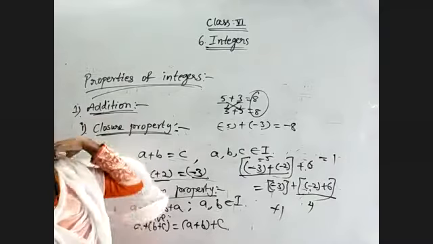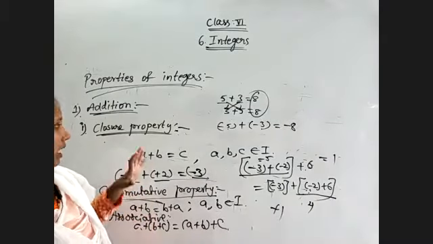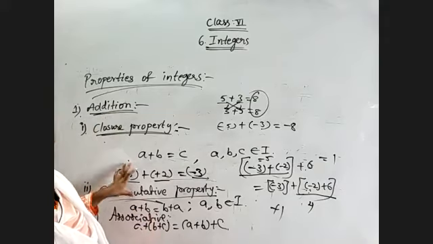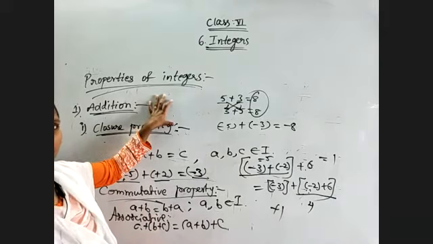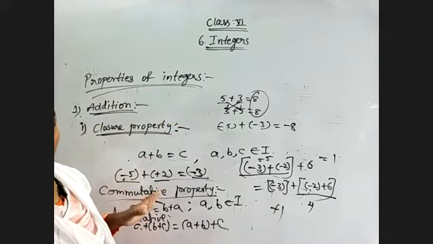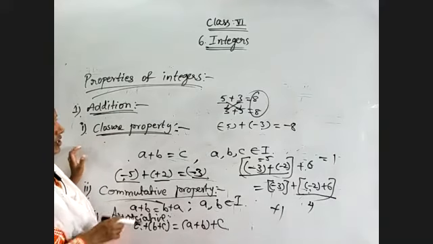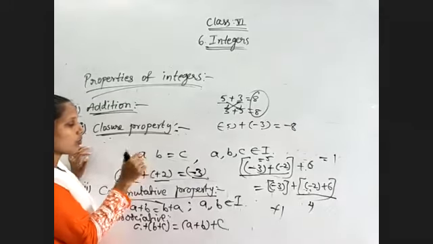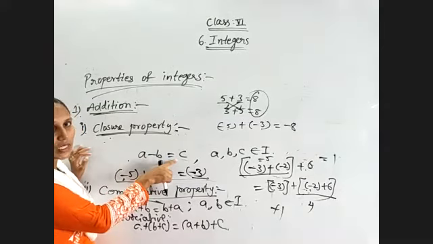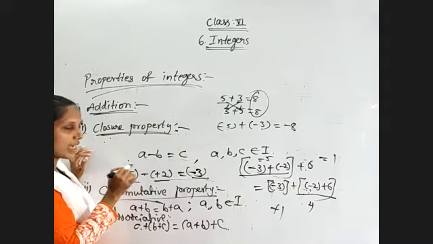Remember, for addition and multiplication, all the properties are suitable: closure property, commutative property, associative property, for integers as well as any number. What about subtraction? According to subtraction, closure property states that when you subtract two integers, the result is also an integer. Suppose instead of this plus, we are doing minus.